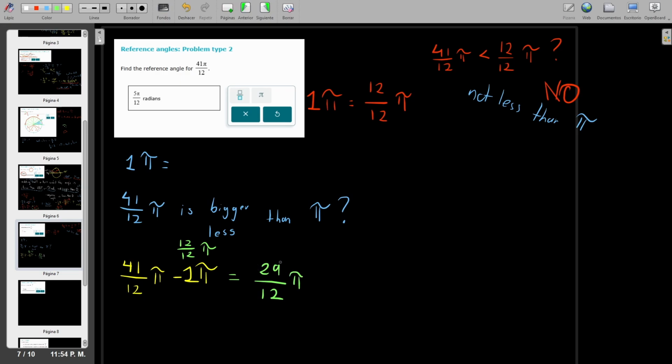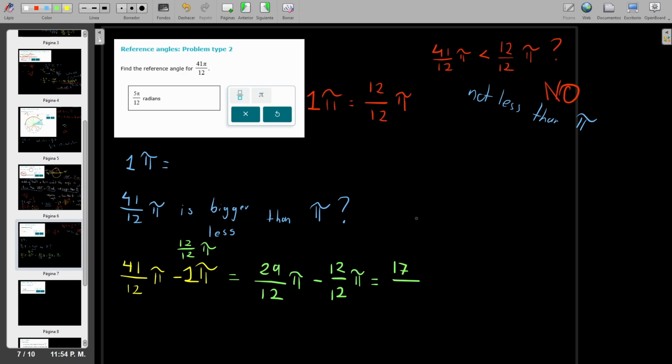Is 29 less than 12? No, so we need to be subtracting again another half a turn, another 1 pi, another 12 over 12 pi. In this case, 29 minus 12 is 17.